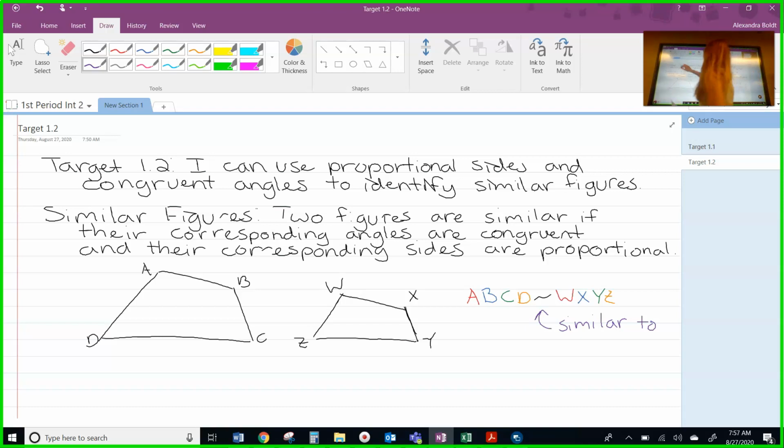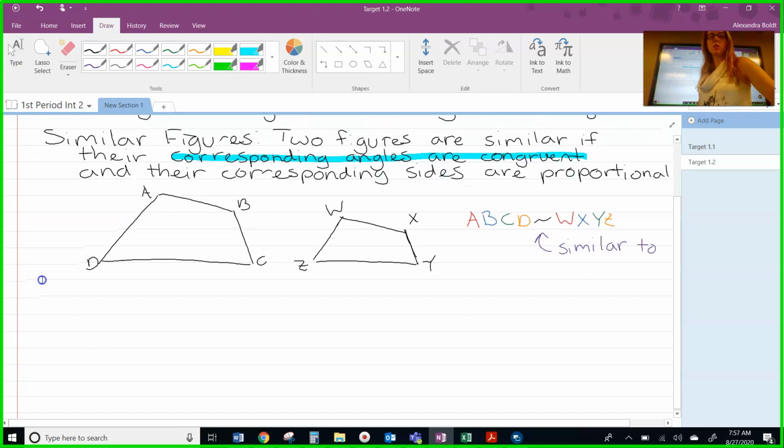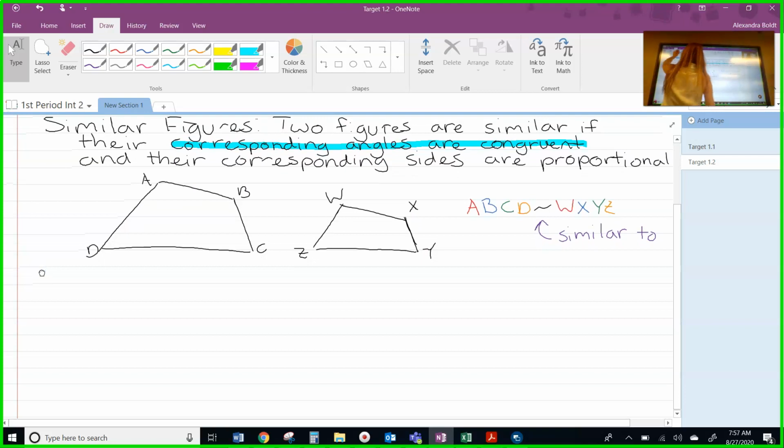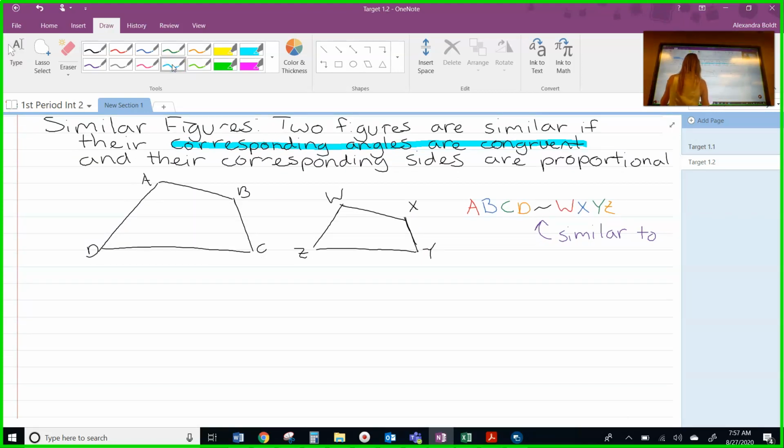Okay, so the two things we have here is corresponding angles are congruent. So I want to look for my corresponding angles.